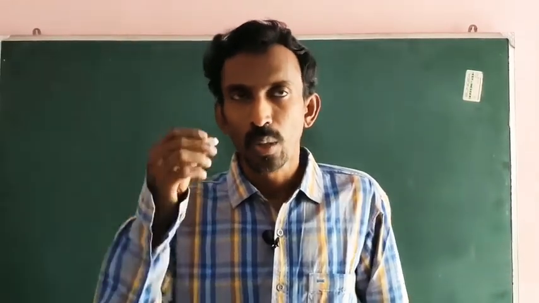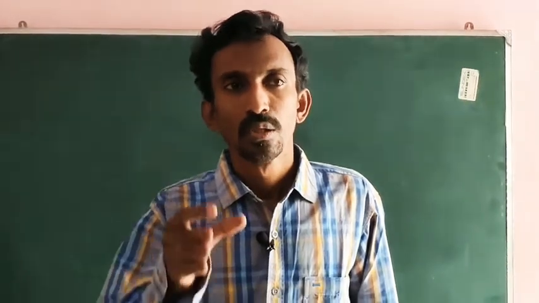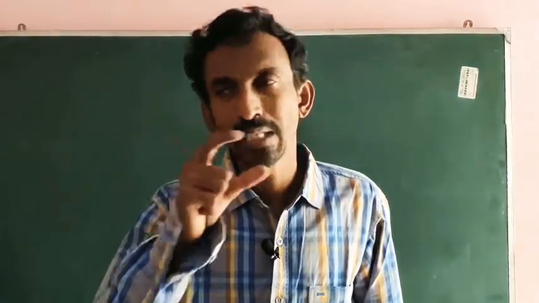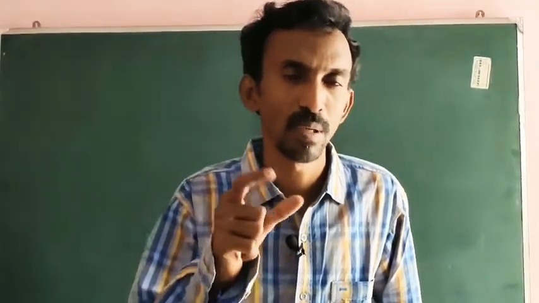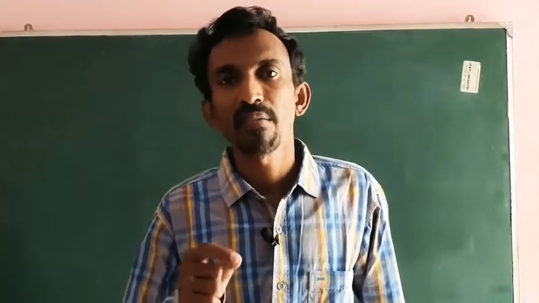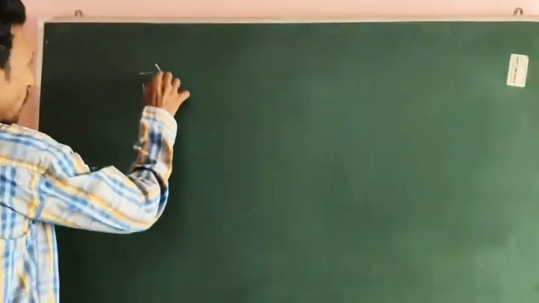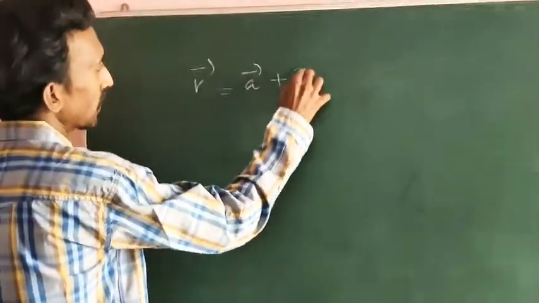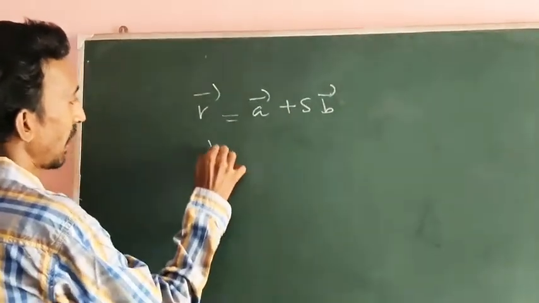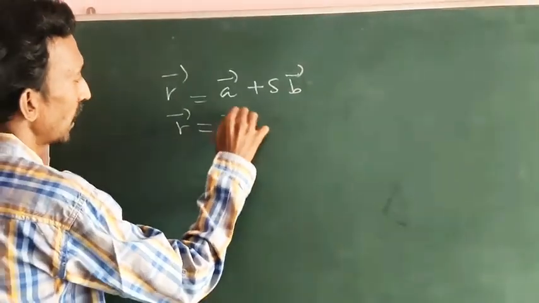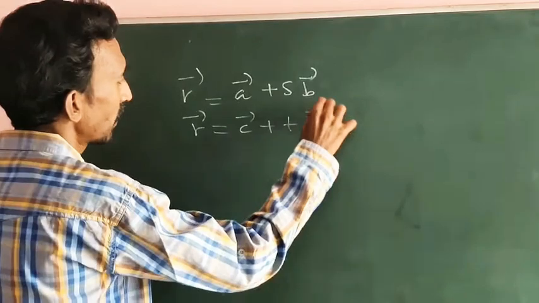So when can we say the two straight lines, in the vector form or the Cartesian form, are parallel? First imagine the vector form. The first line is r vector equal to a vector plus s b vector. The second line is r vector equal to some c vector plus t d vector.